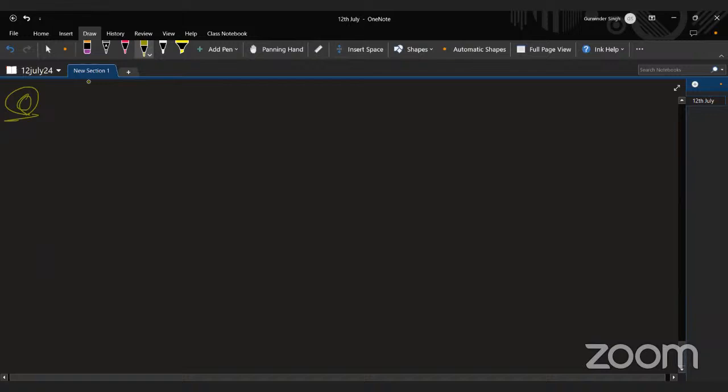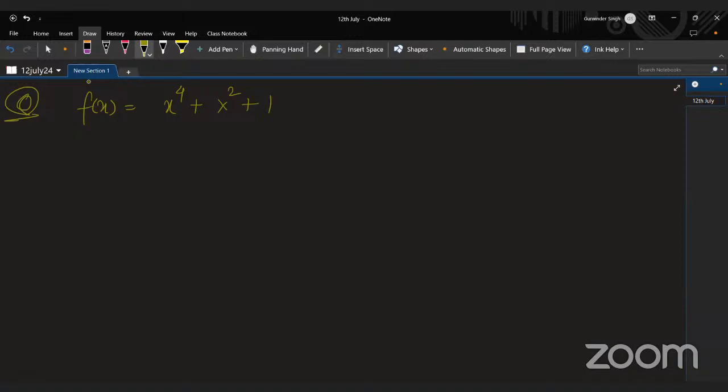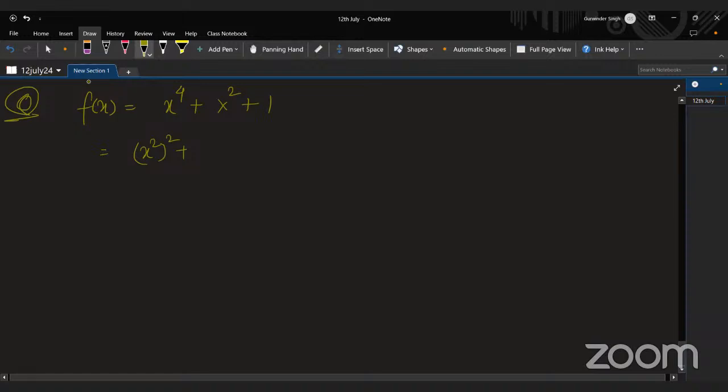So this one can be a bit tough. So what will you do in this case? I know currently you haven't learned that much algebra.